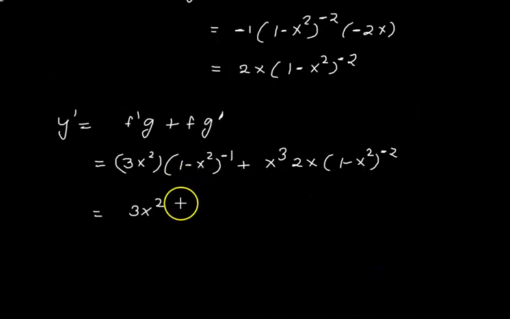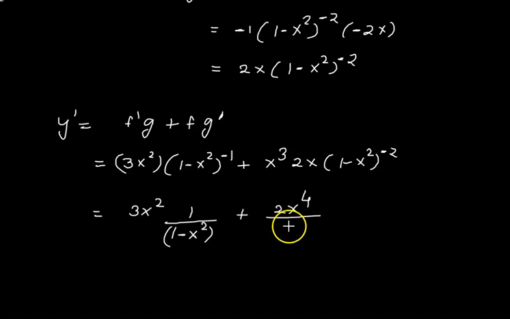Next we change the negative power to positive by moving it to the bottom like this. x cube times 2x gives you 2x to the 4 over (1 minus x square) raised to power 2. It becomes positive when it is moved to the bottom.